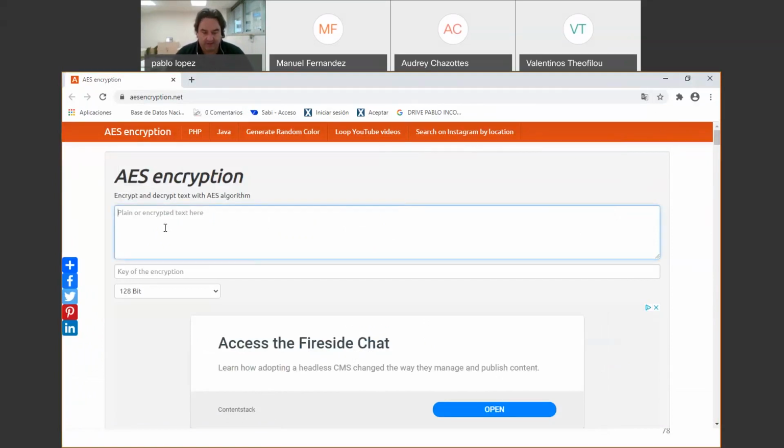So if we write here wherever we want, or another idea that we have, we can encrypt in one of these ways.